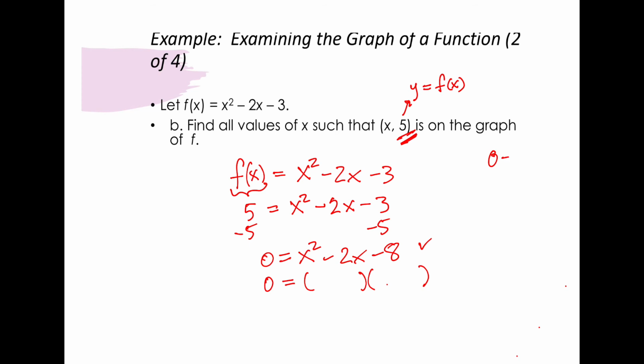Why? Big reason is because we have a 0 over here. This goes back to the rule of 0 as a product. If 2 numbers are multiplying to give me 0, the only way that can happen is if A is equal to 0, or B is equal to 0, right? If it was 0 times 2 or 2 times 0, if one of those numbers is 0, then the resulting product will be 0.